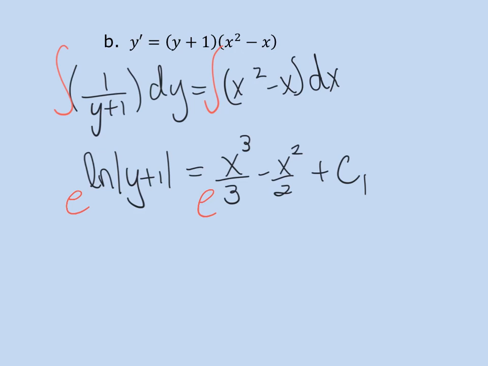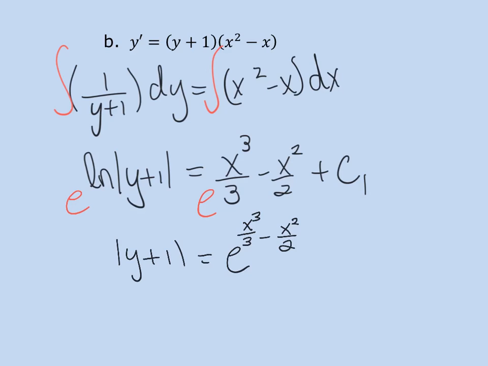We also know from our pre-calculus rules of logs and exponents that the left-hand side just becomes the absolute value of y plus 1. On the right-hand side, we have e raised to the x to the 3rd over 3 minus x squared over 2 plus c sub 1. Now, we also know from our algebra that if our bases are the same, then we're adding exponents.